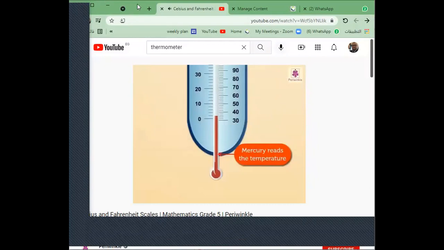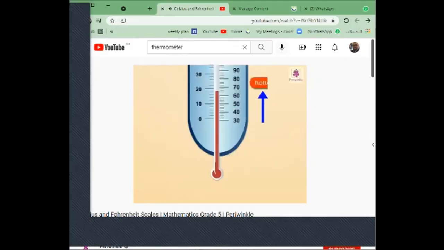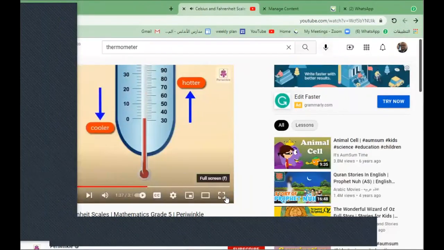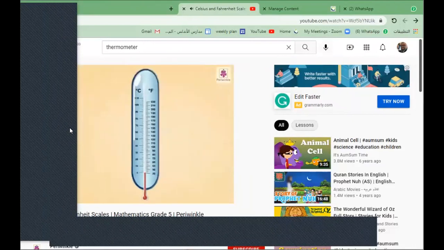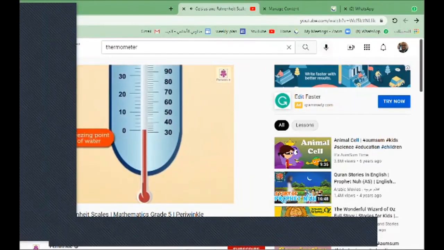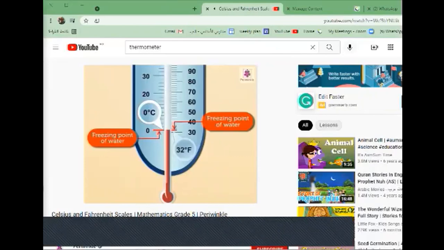Thermometer to read the temperature. When the mercury goes up, it means it is getting hotter. When the mercury drops, it means it is getting cooler. Kids, did you know the freezing point of water on Celsius scale reads 0 degrees Celsius, and on Fahrenheit scale it reads 32 degrees Fahrenheit.